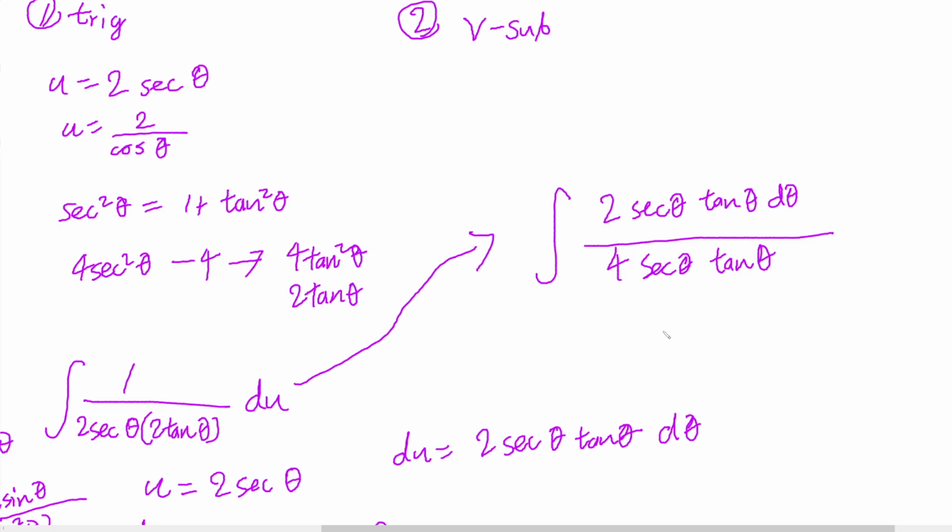So naturally, the reason I was so happy when I saw this expression for what du is, is because all of the trigonometric functions cancel out. So sec theta cancels, tan theta cancels, and you're just left with the integral of 1 over 2 with respect to theta, which is theta over 2 plus c.